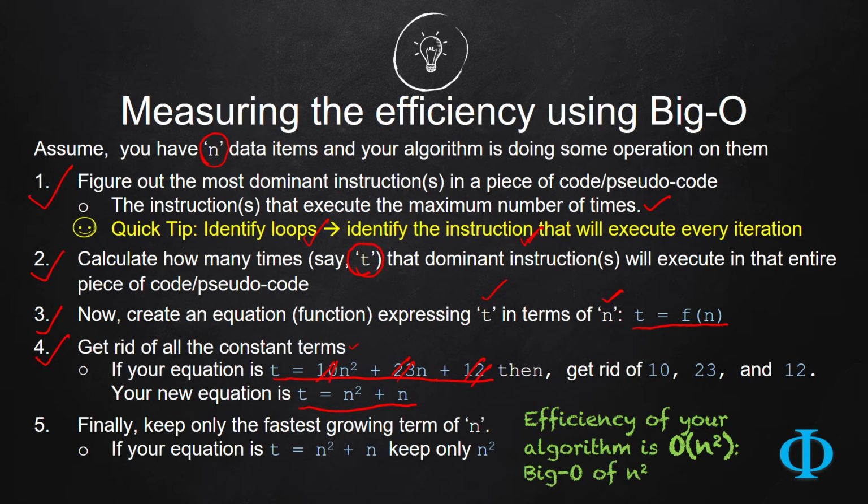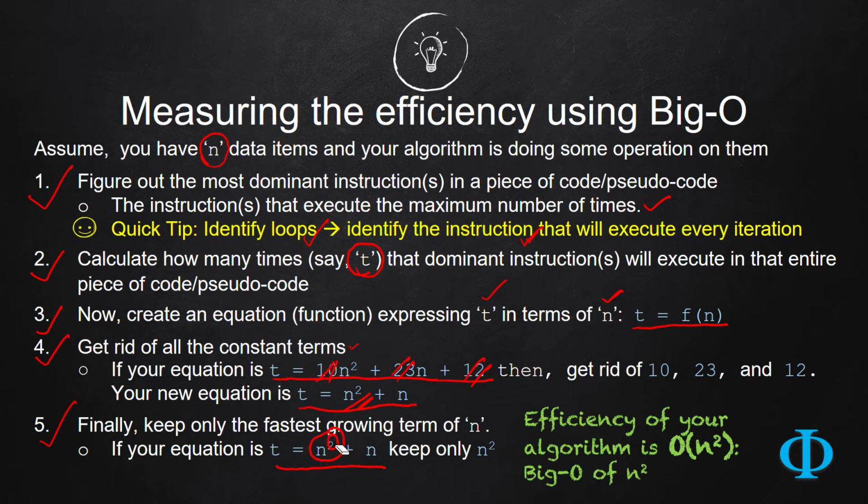After that, we are at the last step. In step 5, you just keep only the fastest growing term of n. What is the fastest growing term? The fastest growing term means the term of n which has the maximum power. For example, in the equation t equals n square plus n, this n square is raised to the power 2.